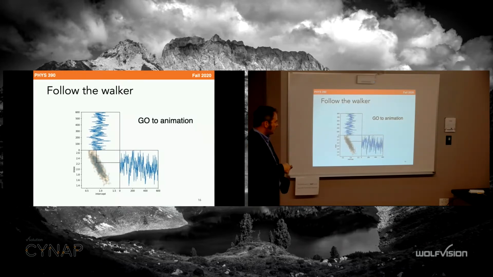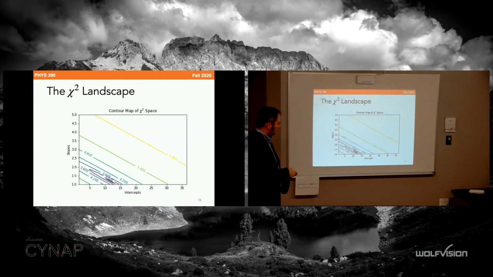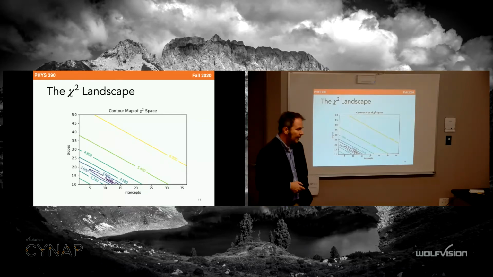This way you spend a lot more time where the chi-square values are low and where there's a big gradient. So it's like, oh, this is the interesting bit, and I don't spend a lot of time on the bit that I wasn't interested in anyway. So you spend your computational coin, so to speak, wisely.